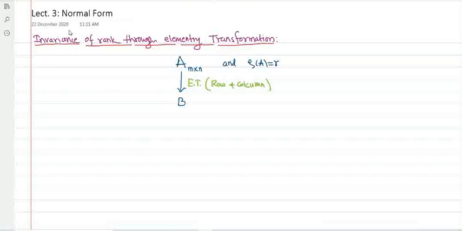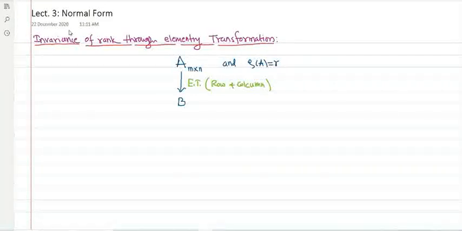Once again, A is any matrix of order m by n, and rank of A is R, and from this matrix A you are obtaining a new matrix B which is equivalent to A.